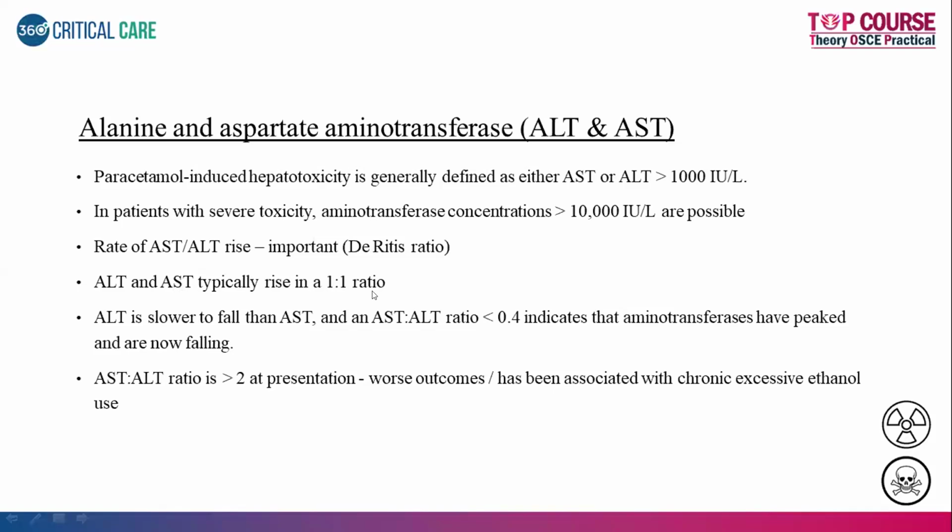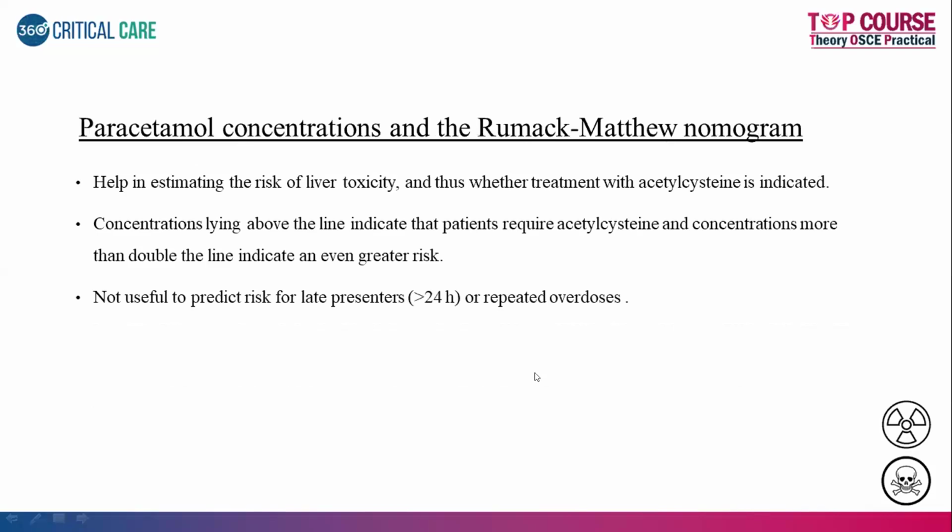But when you consume paracetamol, if at presentation the ratio is more than 2, then it is associated with poor prognosis. If it is not paracetamol poisoning, it is usually associated with chronic excessive alcohol ingestion. So this is not a specific biomarker for paracetamol ingestion, but in general, when the ratio is more than 2, it indicates worse outcomes in paracetamol poisoning.